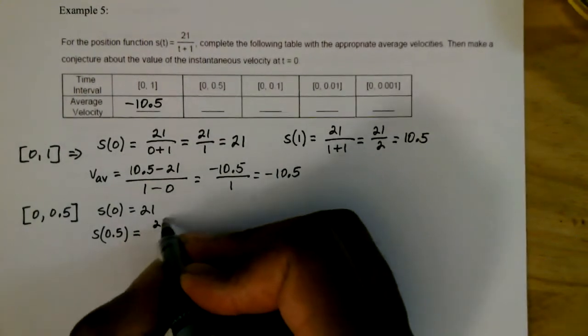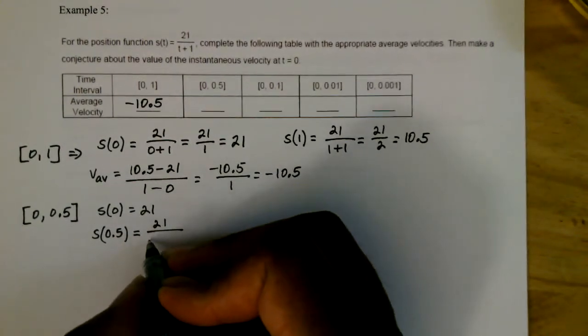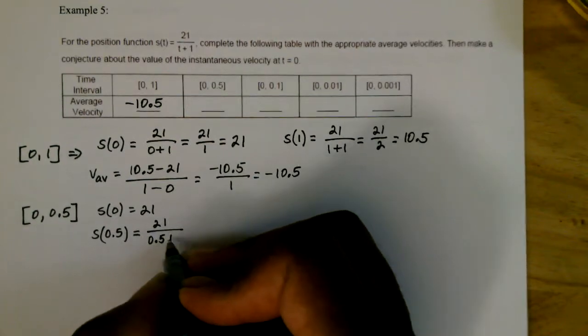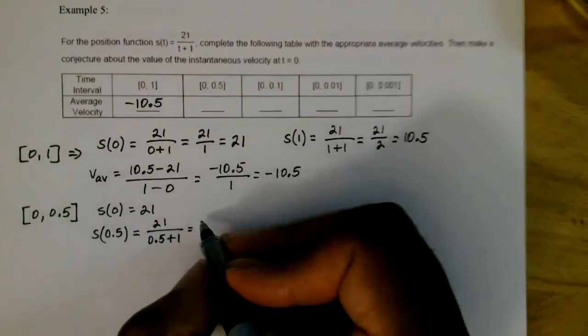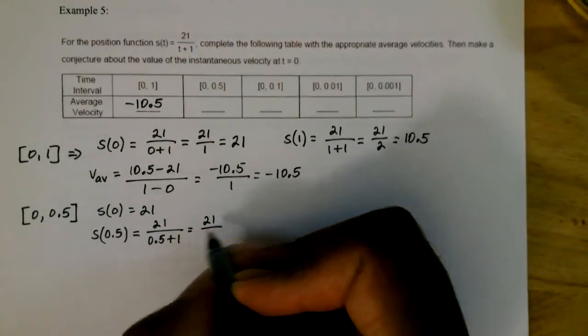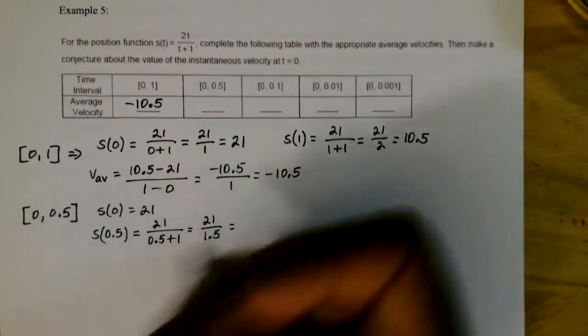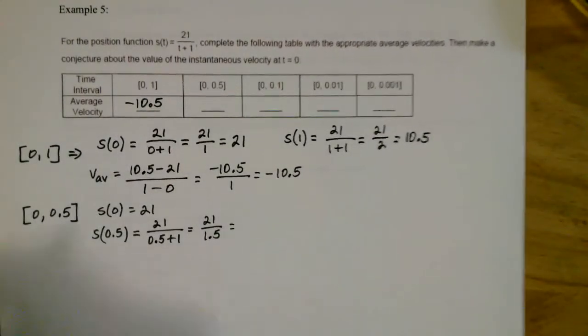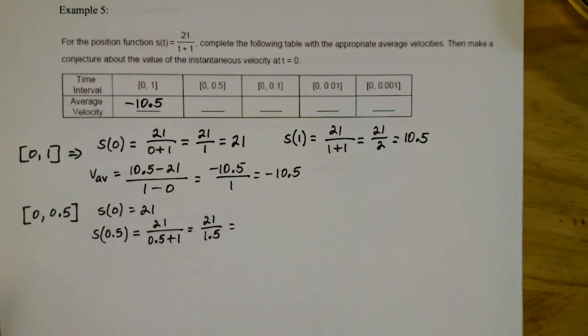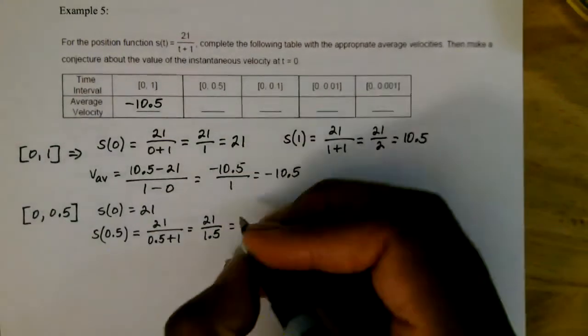That will be 21 divided by t is 0.5 plus 1. So that means I have 21 over 0.5 plus 1 will be 1.5, and 21 divided by 1.5 would be 14.